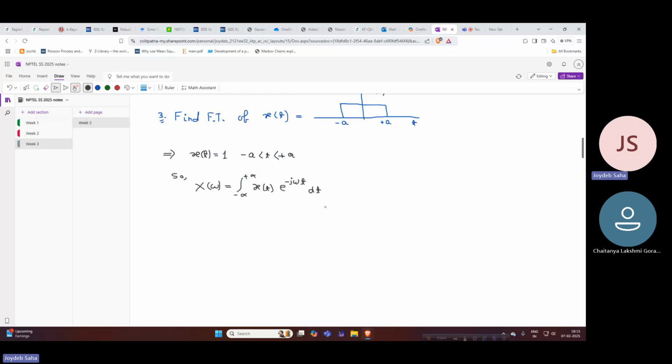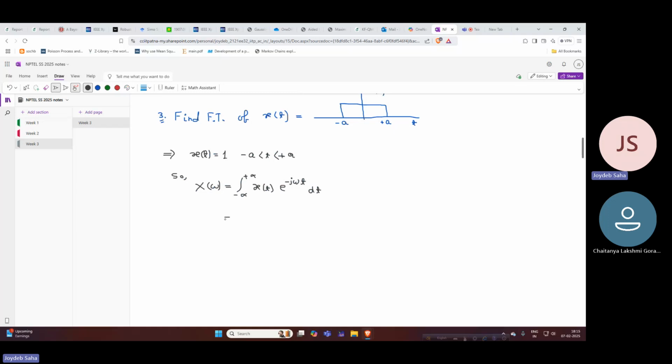Okay, so X(omega) is this. Fine. Now as x(t) is 1 for minus a to plus a, for any other value it is 0, right?